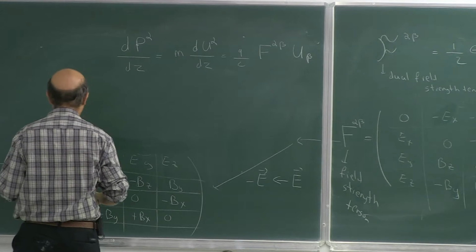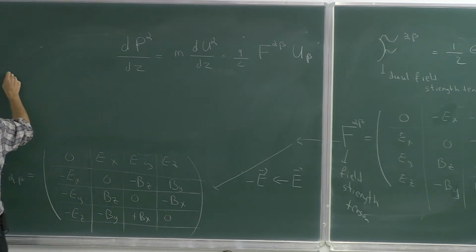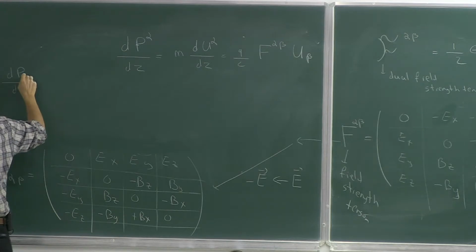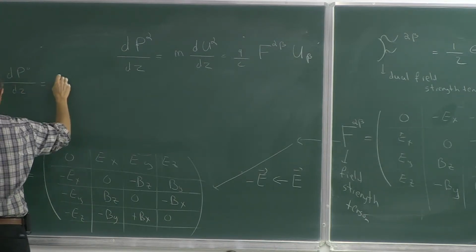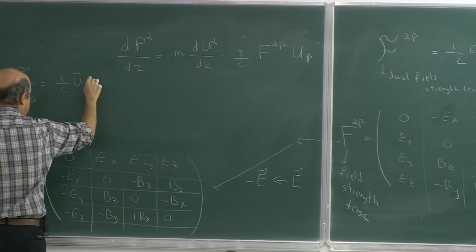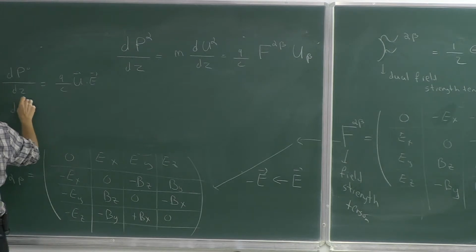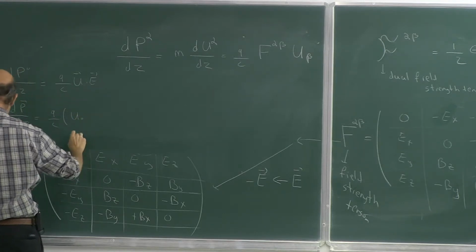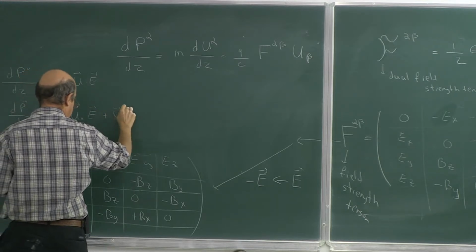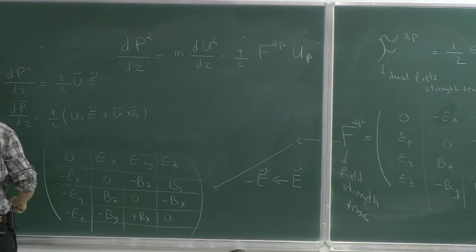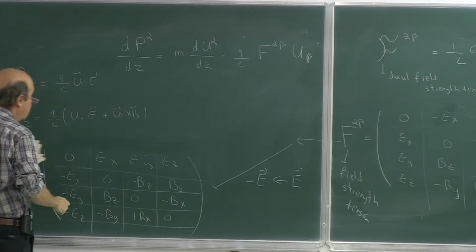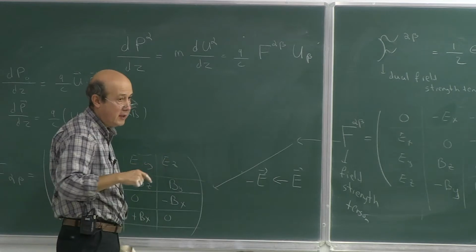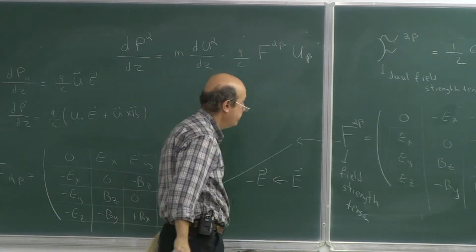So this is equivalent to dp0 over d tau equals q over c u dot E, and dp over d tau equals q over c u0 E plus u cross B. So this is the covariant presentation of the 4-dimensional Lorentz force in terms of the field strength tensor.